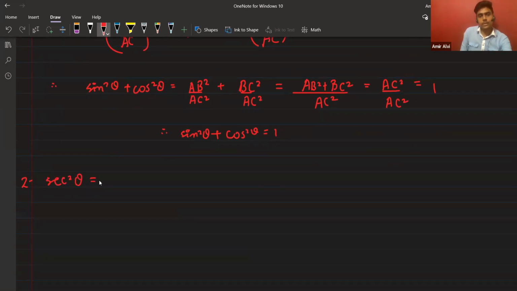The second identity is sec square theta is equal to 1 plus tan square theta.